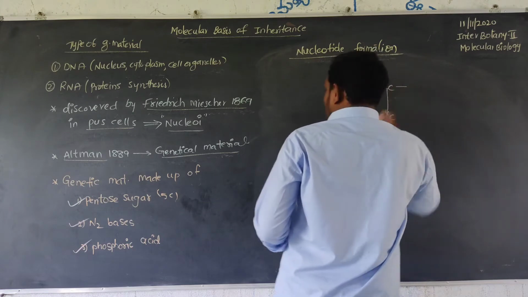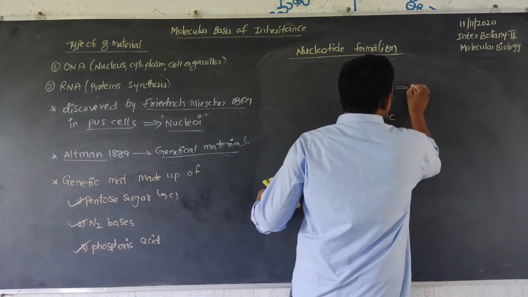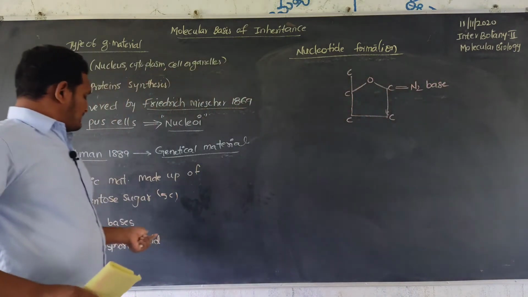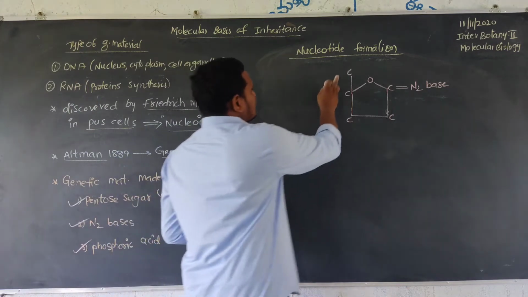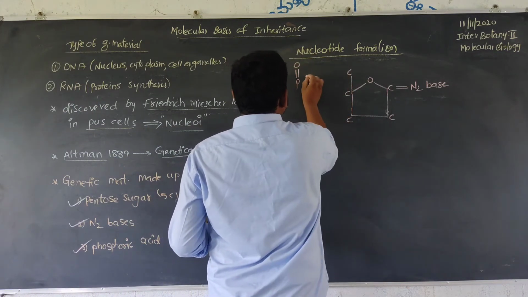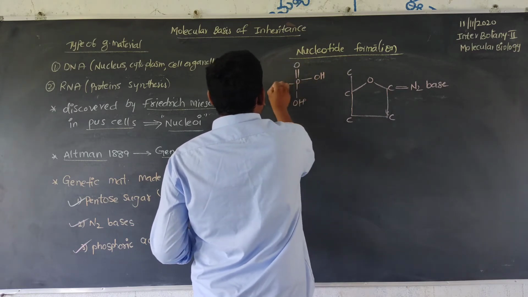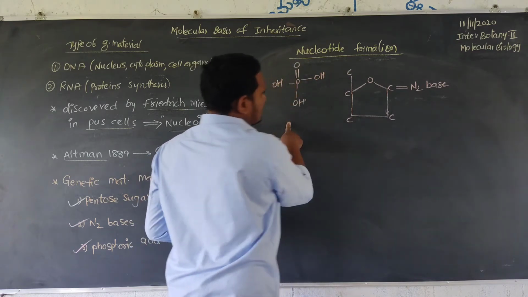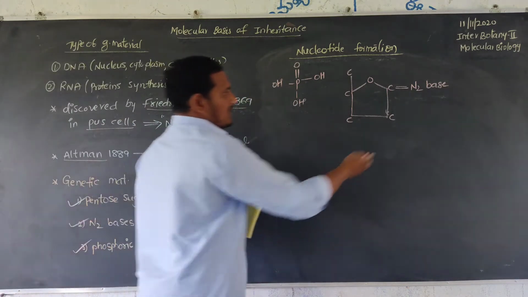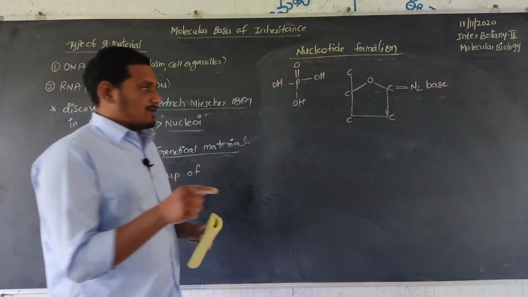The first carbon attaches the nitrogen base, and the fifth carbon attaches phosphoric acid. This is phosphoric acid, this is the pentose sugar, and this is the nitrogen base which is attached to the first carbon.